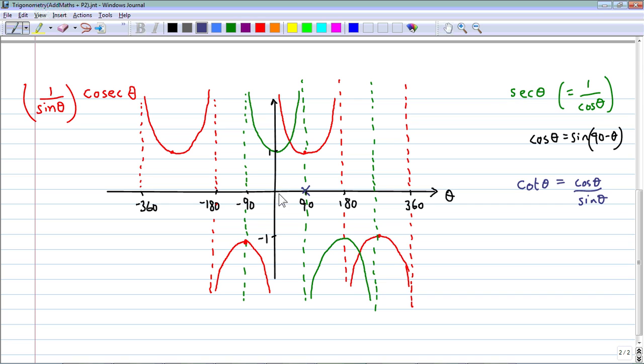And if we consider a very small positive value, then cos of a very small positive value is close to plus 1, sine of a very small positive value is close to plus 0. So it's a positive number, so it's actually going to come down here like this.